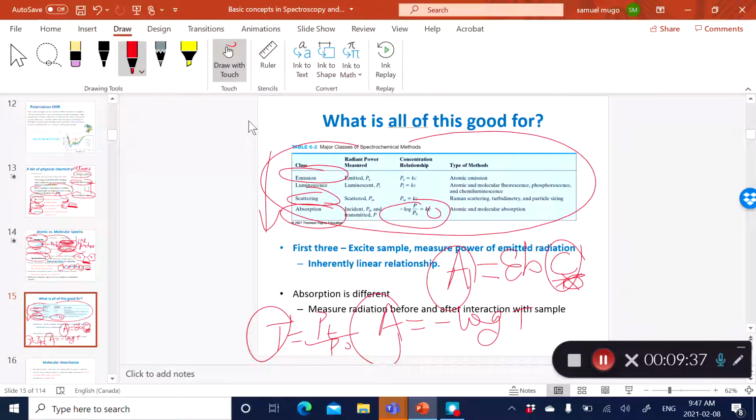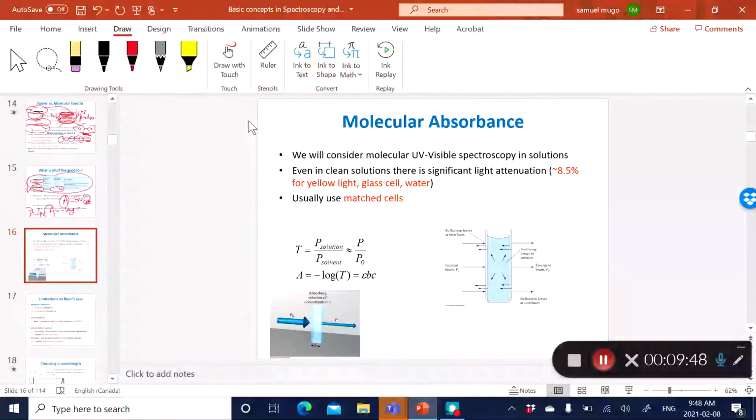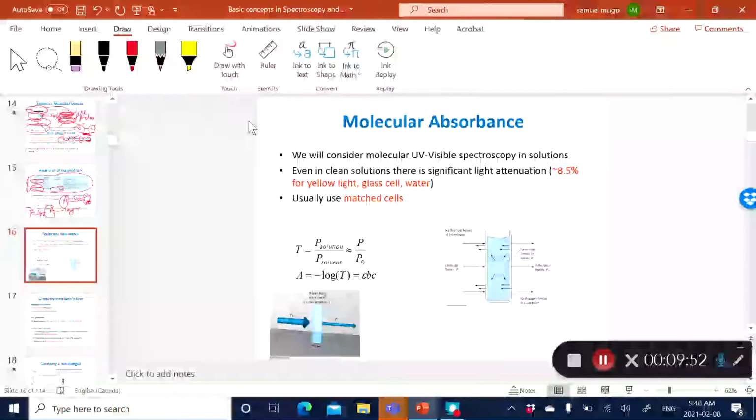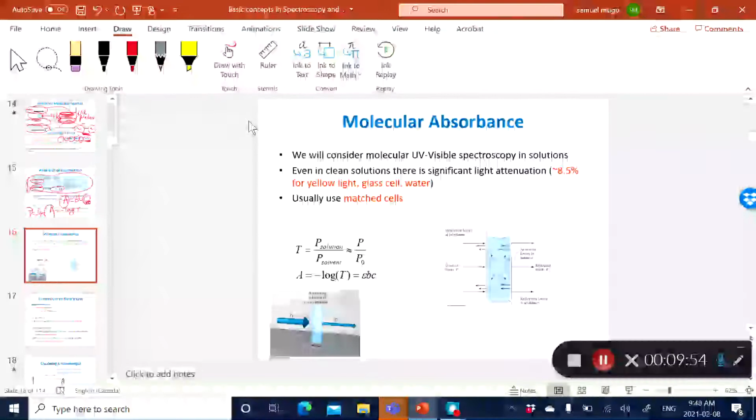And so those mathematical relationships need to be known for these spectroscopic techniques to be really useful as an analytical tool.